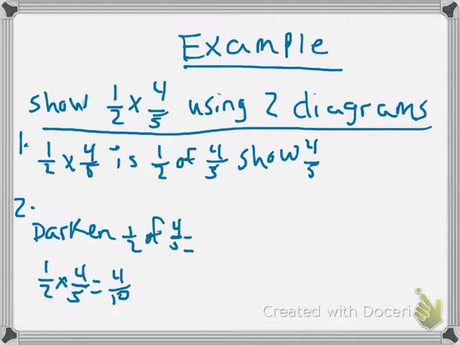So here's an example of a diagram. It says, show 1/2 times 4/5 using 2 diagrams. In the first diagram, you know that 1/2 times 4/5 is 1/2 of 4/5, because the times symbol means of, and so we want to show the 4/5.